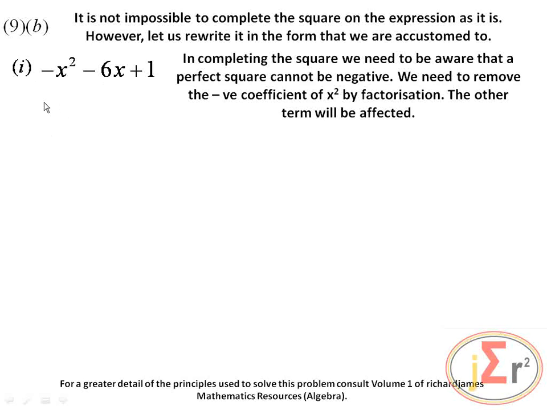So take a negative 1, or just the negative sign, outside. Negative into negative is positive. If we are factorizing by a common factor, we need to divide each term by the common factor. Negative into negative is positive, and negative into negative again is positive. And then no doubt plus 1 also.